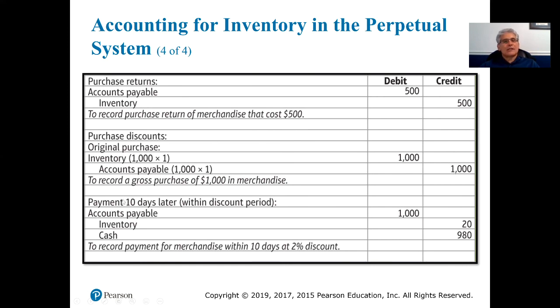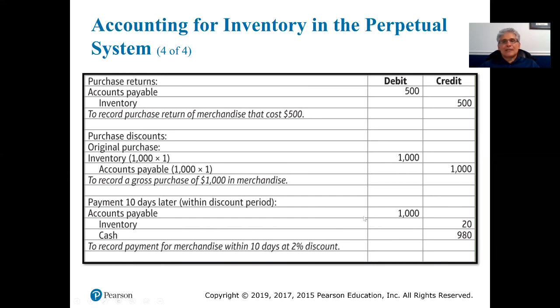But now, let's say we get a discount of 2% within 10 days, and we do in fact pay within the discount terms. Then we're going to credit cash, not for the $1,000. We're not going to have to pay $1,000. We're going to credit cash for $980. That's 98% of the $1,000, with the 2% discount.